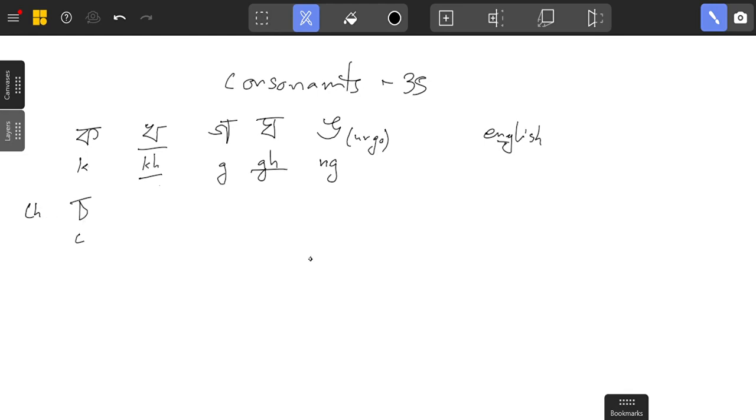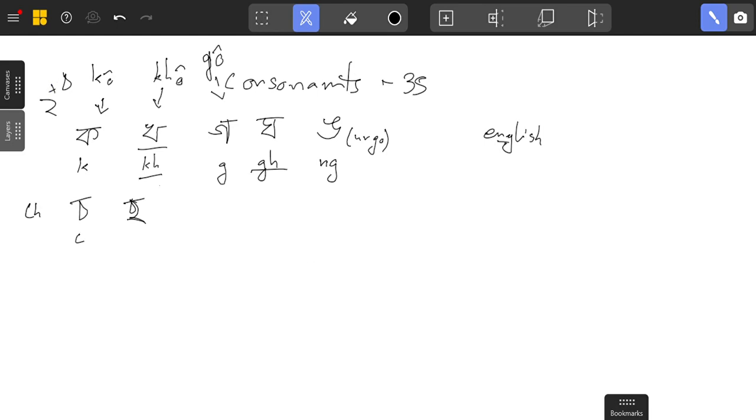And note that we pronounce all these letters with the inherent a sound. So this becomes ka, this becomes kha, this becomes ga, and so on.